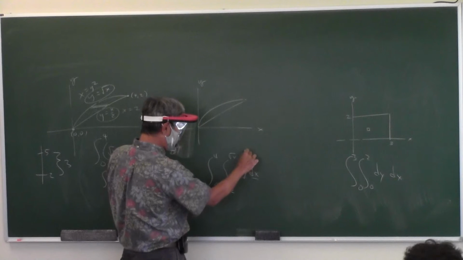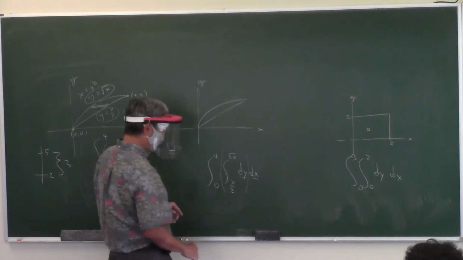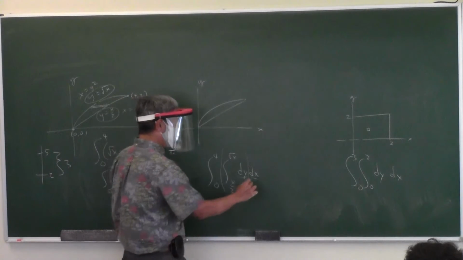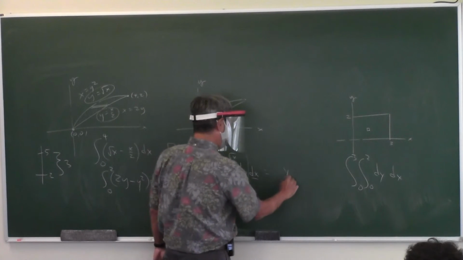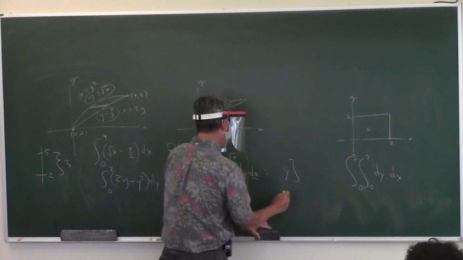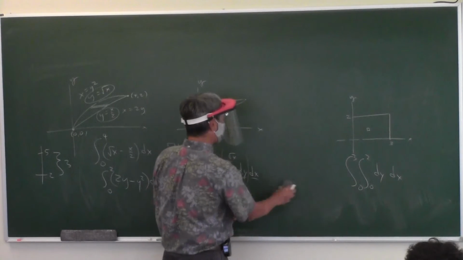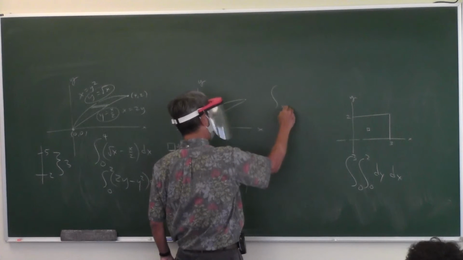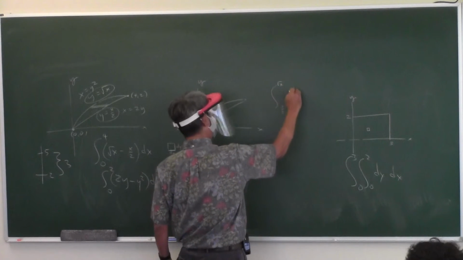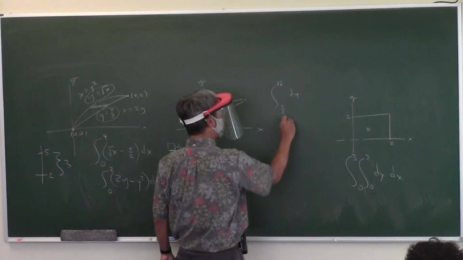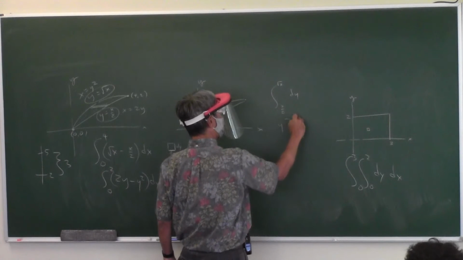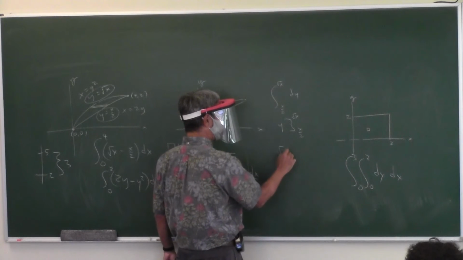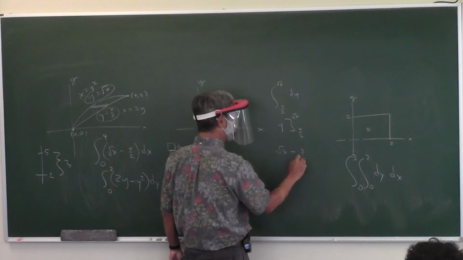So the first integral is this one right here. What is the antiderivative of 1 dy? Y. I'm not going to put the equal sign. Let's just compute this integral separately on the side. Integral from x over 2 to root x of dy. So the antiderivative is y, from x over 2 to root x: plug in the top, root x, minus plug in the bottom, x over 2.